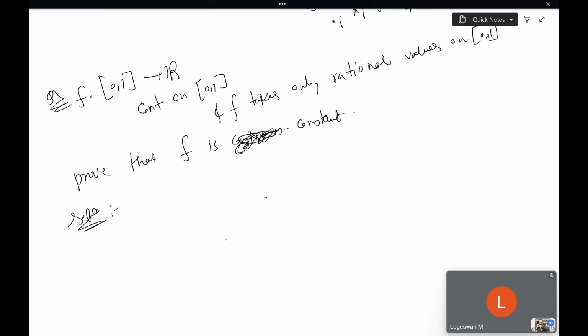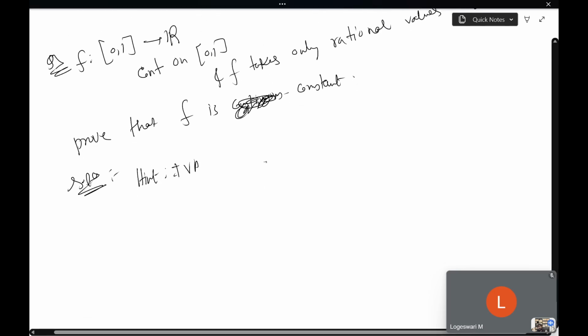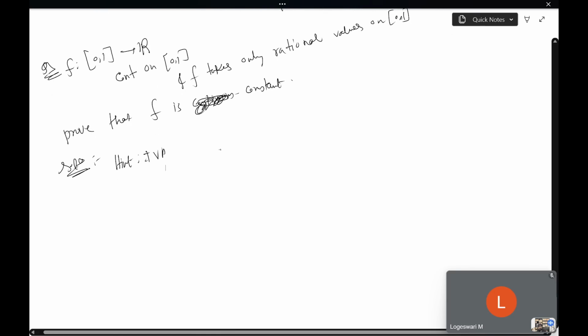How do we do it? The main technical tool that we need to use is the intermediate value property. So basically the solution is like that. The solution is as follows.